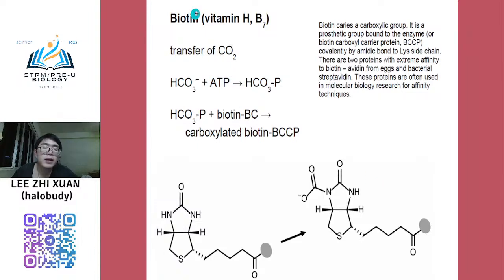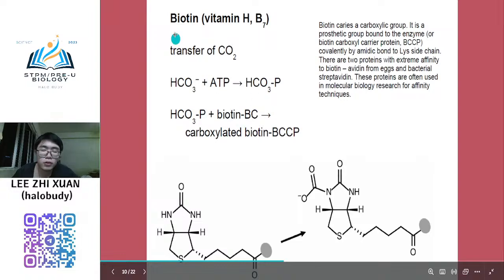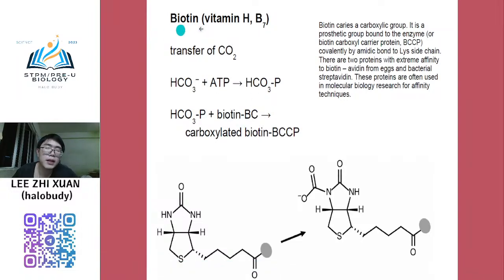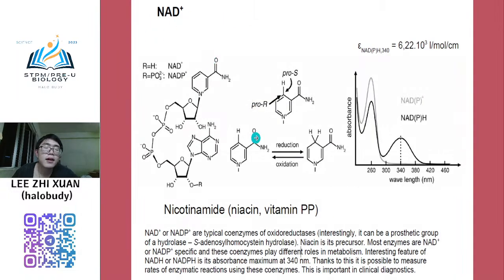Okay, another one is biotin. This biotin normally functions in the transport of carbon dioxide. This one you learn in gas exchange in Sem 2, the transport of carbon dioxide. Seniors, have you heard of biotin? The most famous are the energy carriers.